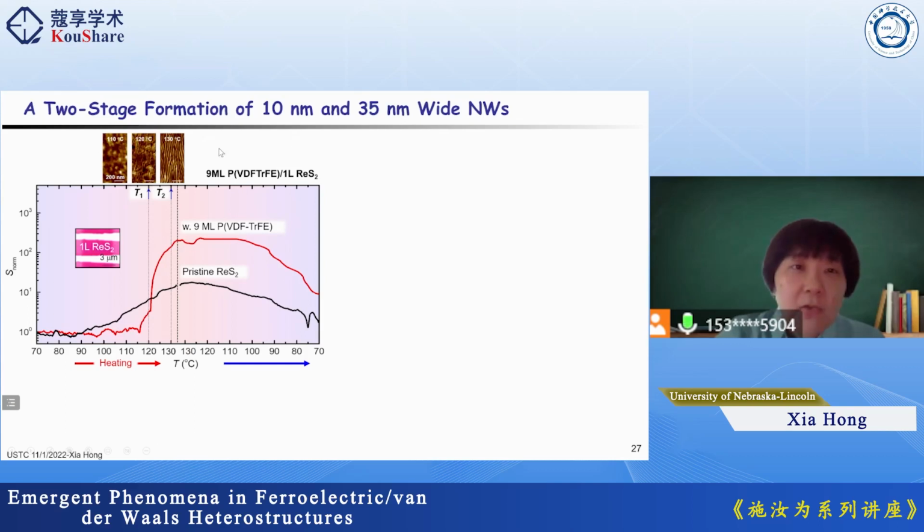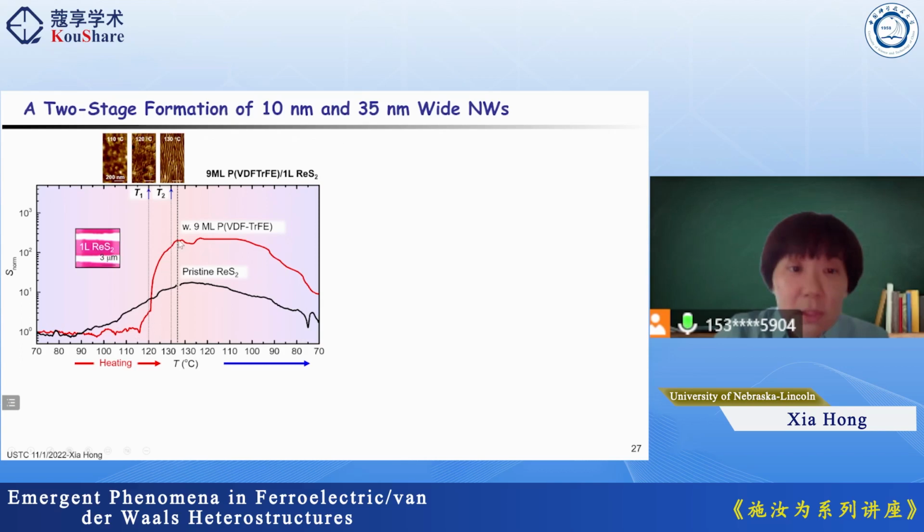To understand how the nanowire formation affects the field effect experiments, we performed an in situ measurement. When we heat up the sample, we measure how the conductivity changes. We find that at 120 degrees, this textured structure of nanowires starts to emerge.